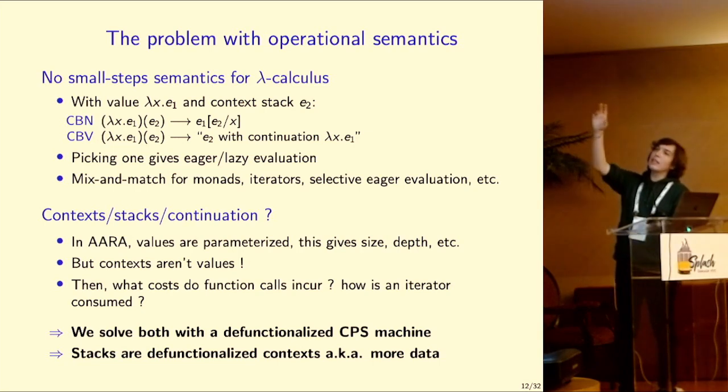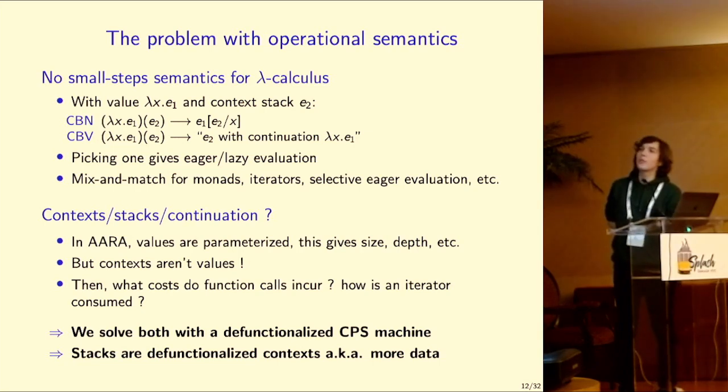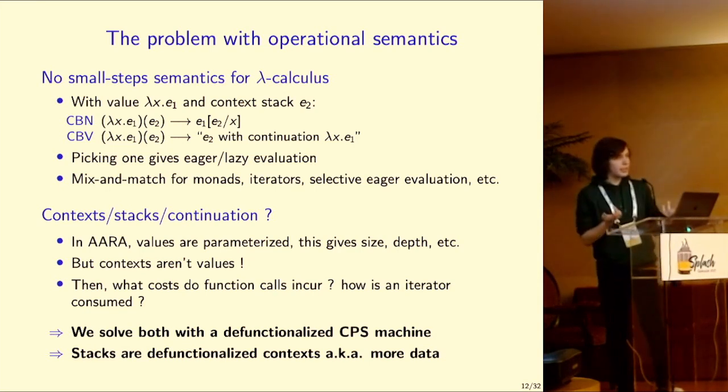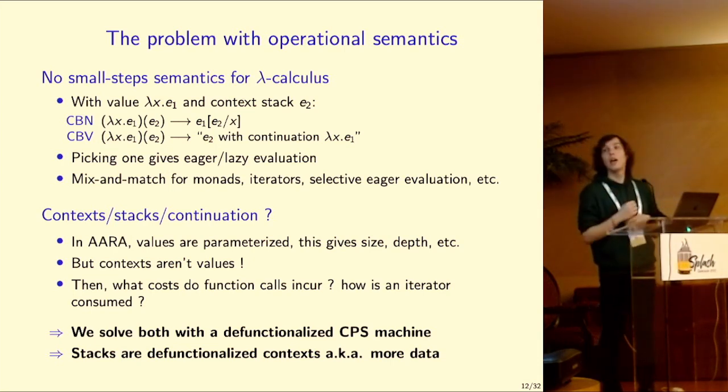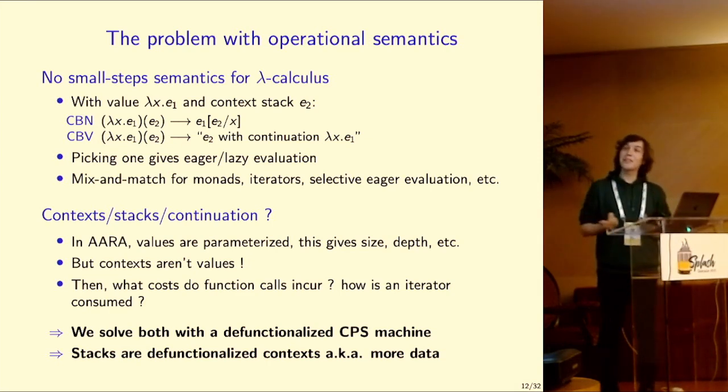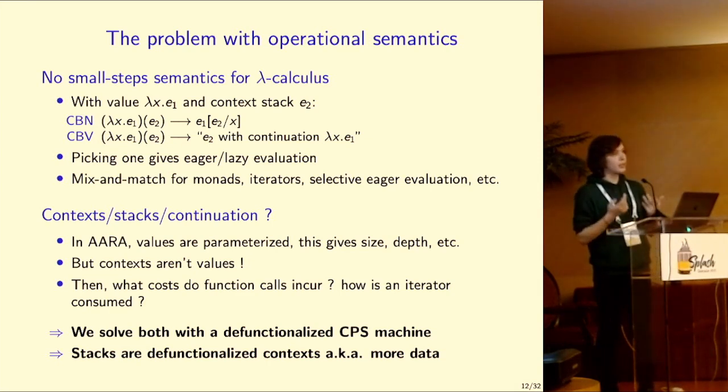The reason this is complicated in current resource analysis systems is because we can understand potential and resources using parameters that are put on types, which recover some structure in the data manipulated by the program. So a list has length, a tree can have depth and width, but in lambda calculus, computational contexts are not data.